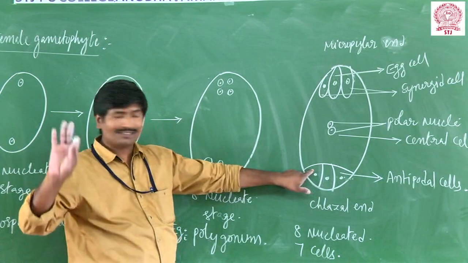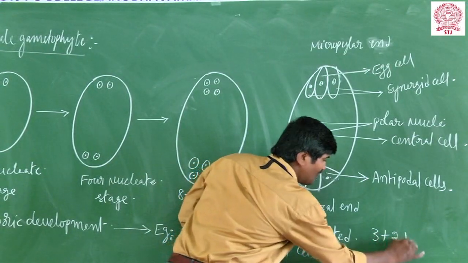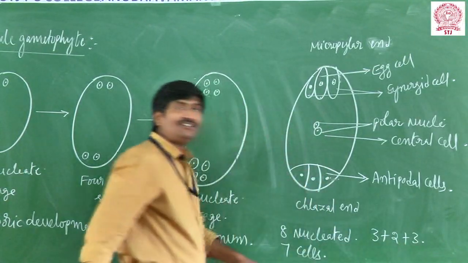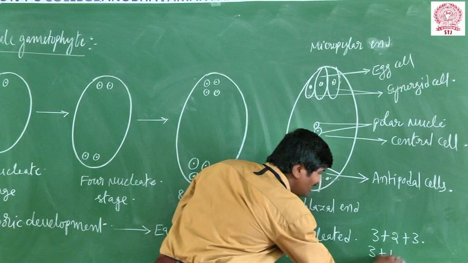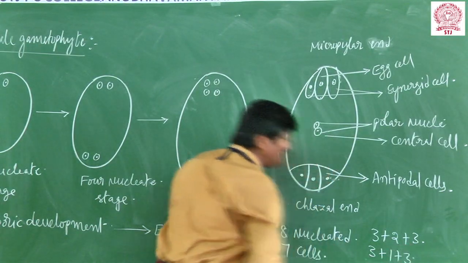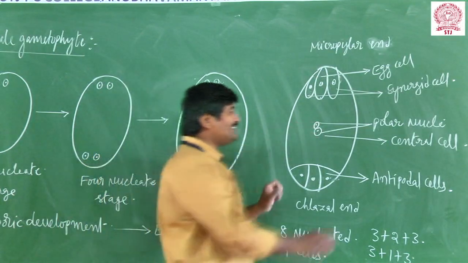Here antipodals 3, that is 3 plus 2 plus 3, those are nuclei. 3 plus 1 plus 3, those are cells. Central cell 1, it is diploid.